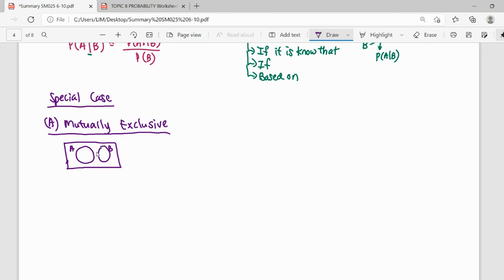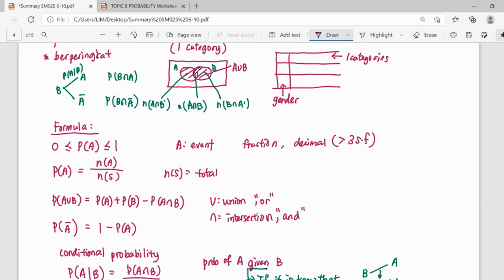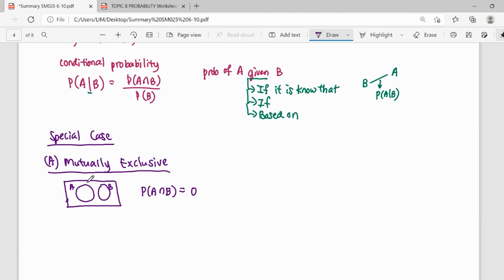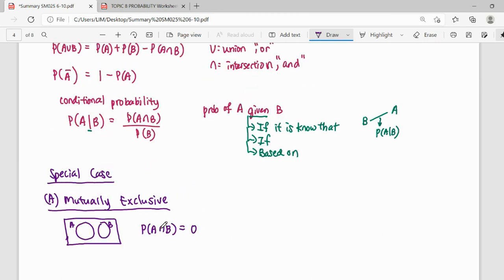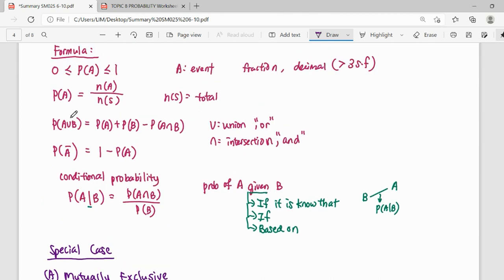They don't have intersection. So mutually exclusive, the most highlighted thing is we know that their intersection will be zero. So therefore when we go for its Venn diagram, it won't have their intersection part here. So it will draw set A and set B separately. So that will be our mutually exclusive. So when their intersection is 0, what will it affect in this formula?